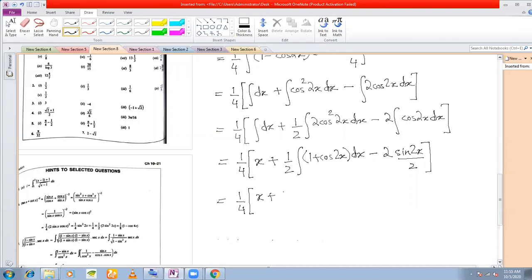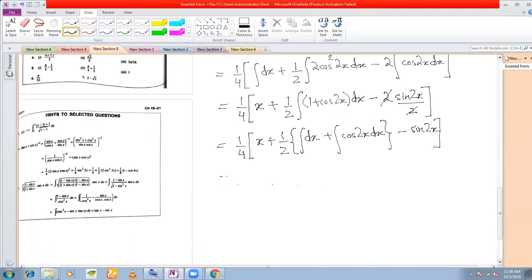x plus again half. You distribute the integration inside. You get integration dx plus integration cos 2x dx. And this 2 and this 2 cancel. So you simply get minus sine 2x.